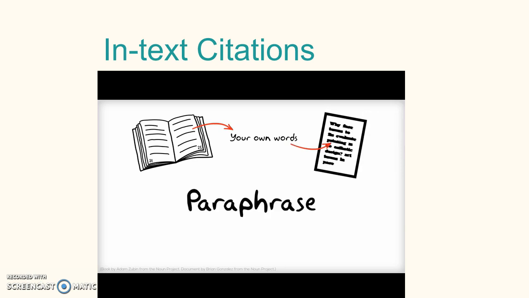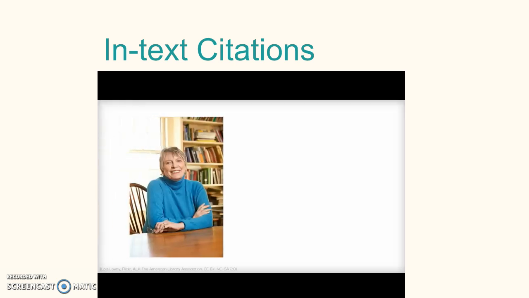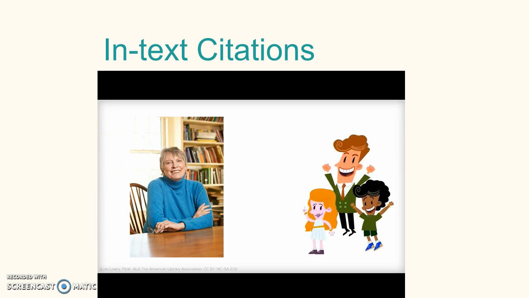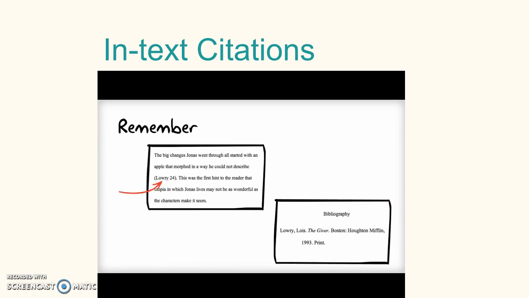This is called a paraphrase, and while you don't need to include quotation marks, you still need to include an in-text citation. This will give credit to Lois Lowry's writing, and let your teacher or classmates know where the event happened in the book. Remember, make sure that the first word in the in-text citation matches the first word in the citation of your bibliography. That way, when people want to learn more about the source in your paper, all they have to do is look for the same word in the bibliography to find it.